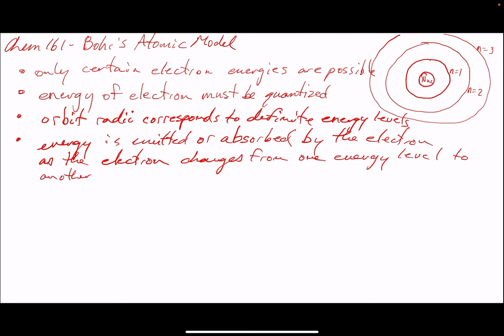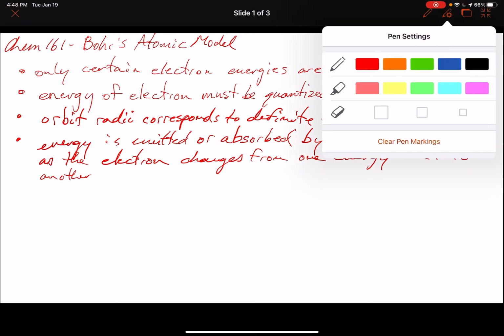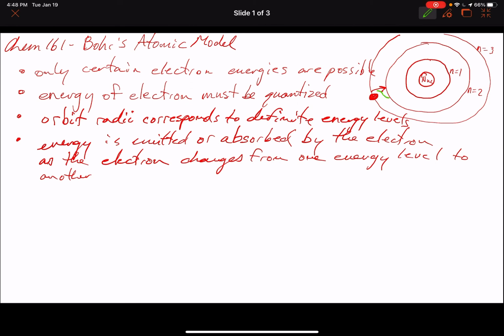Okay, so that is to say, it's entirely possible that an electron may reside out here on the n equals 3 case, and it could fall to another discrete and allowed orbit radii, nothing in between. And in falling to this case, we expect energy to be released from the atom. Okay, so we typically show this as energy being released in the form of a wave.